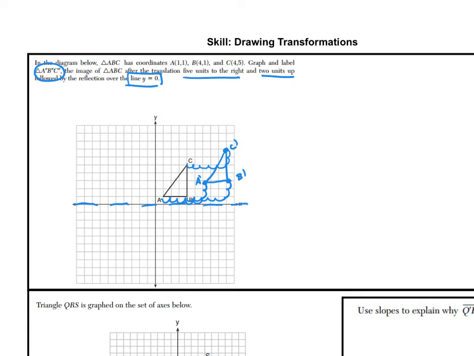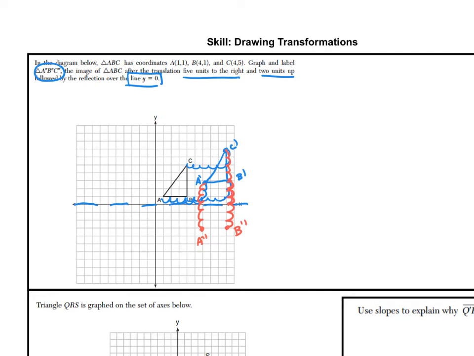So to reflect over y equals 0, there are 2 things. Either you could change the sign of y for each of your coordinates, or you could just count how far you are away from this line. So you might remember this. I would count 1, 2, 3 to the line, and then I'm going to go 3 on the other side of the line. So that's B double prime. Do the same thing for A, 1, 2, 3, 1, 2, 3. That's A double prime. And then C, 1, 2, 3, 4, 5, 6, 7.